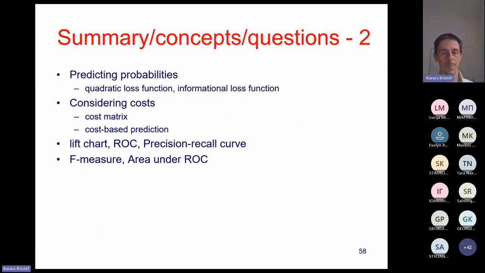And then we talked about numerical predictors and corresponding loss functions. Also, for the classification scenario where these were probabilities, we mentioned the cross entropy.